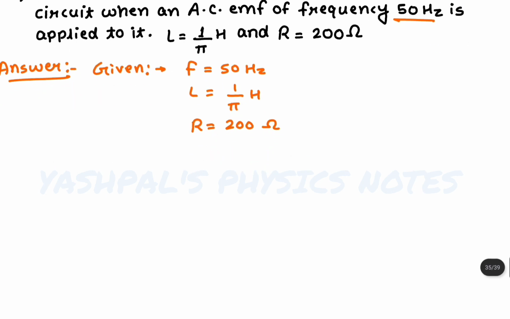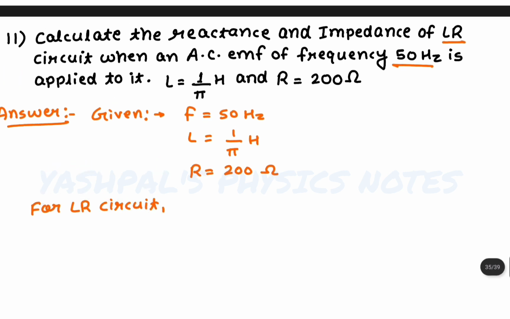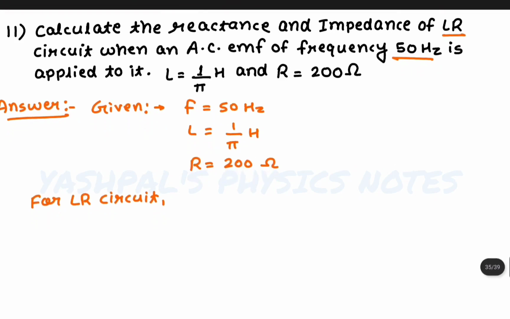So this was our given data, and it is given that the circuit is an LR circuit. So we will mention here, for LR circuit, inductive reactance. We have been asked to find the reactance and impedance. First we will find the reactance.